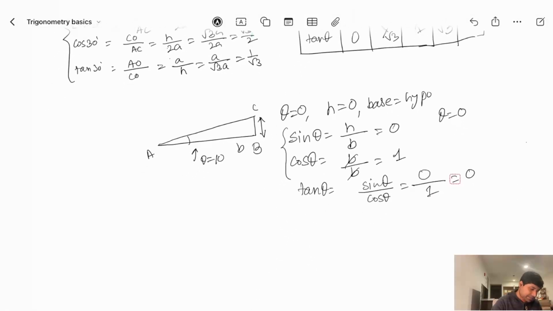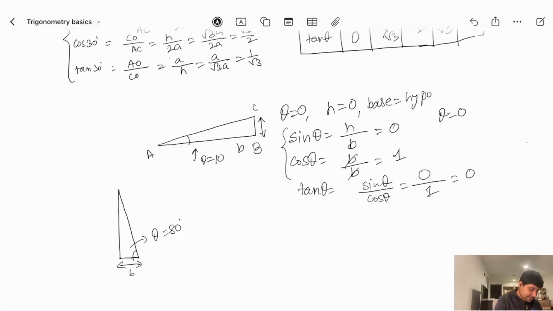And the same thing happens when you consider a right triangle where this particular angle is almost close to, let's say, 80 degree. You can think that if it is almost close to 90, then there is no base at all, right? I mean, your height is colliding with your hypotenuse.